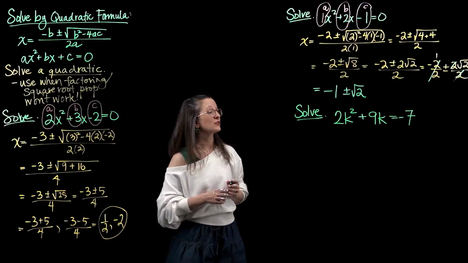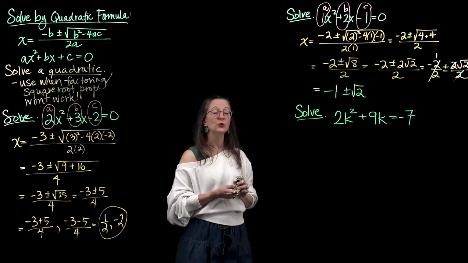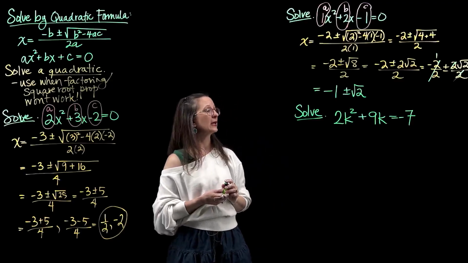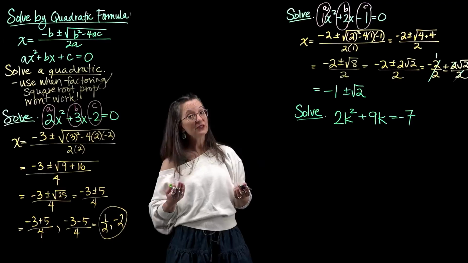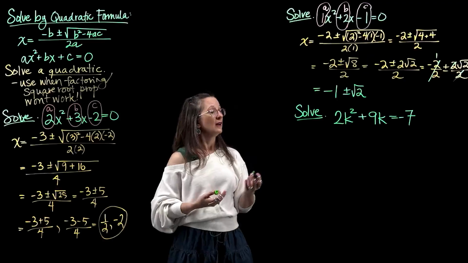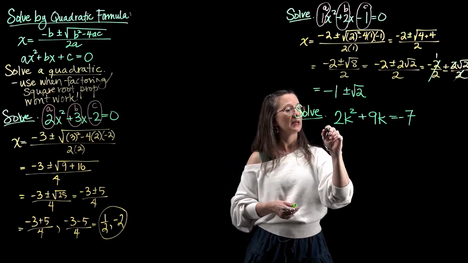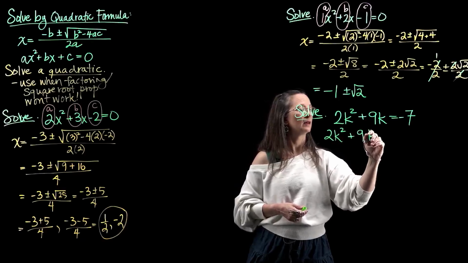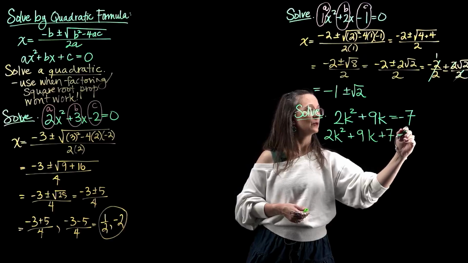All right, this one we're asked to solve, and the equation is 2k squared plus 9k is equal to -7. Now the first thing I have to do is get everything on the left-hand side. So I'm going to add 7 to both sides and rewrite this as 2k squared plus 9k plus 7 is equal to 0.